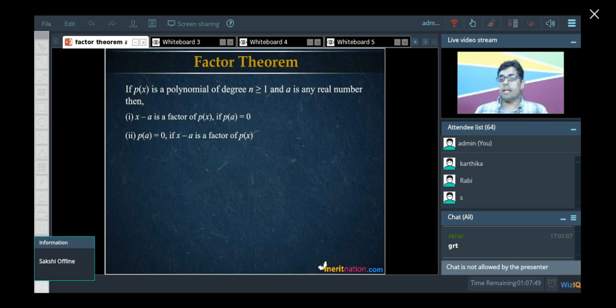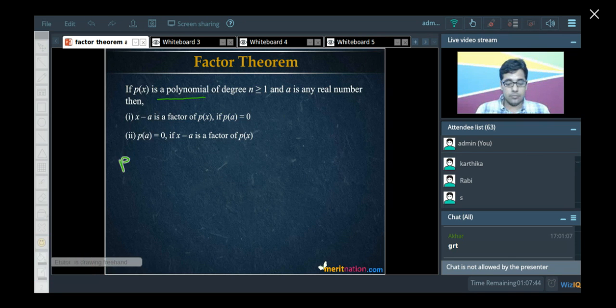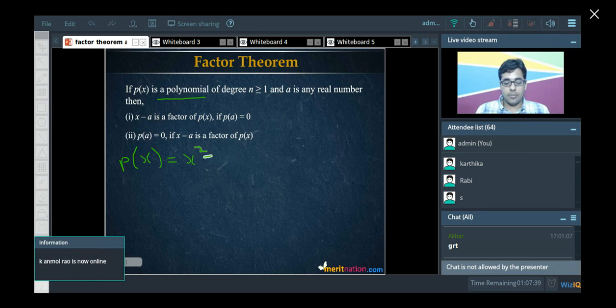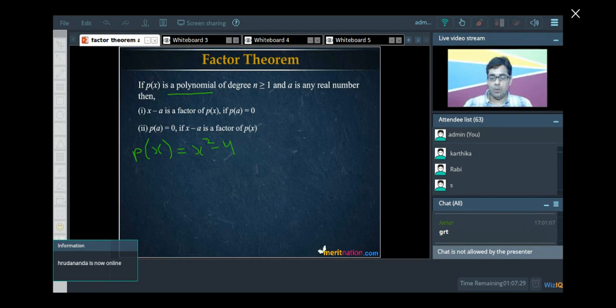Let me just give you a very simple example. Let's take a polynomial given as p(x) equals x square minus 4. Here the degree of p(x) is 2, that is greater than 1. And let's say a is any real number, for example, 2.